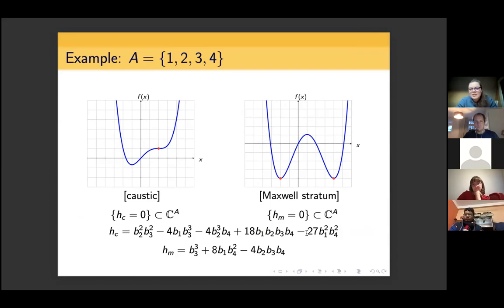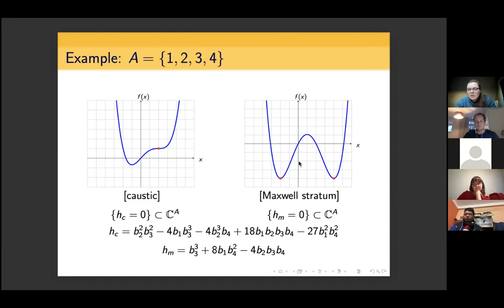And that's not a coincidence, because I already said that the caustic would contain polynomials such that the first and the second derivatives vanish. So basically what we're speaking about here is a classical discriminant of the derivative, not of the polynomial itself.